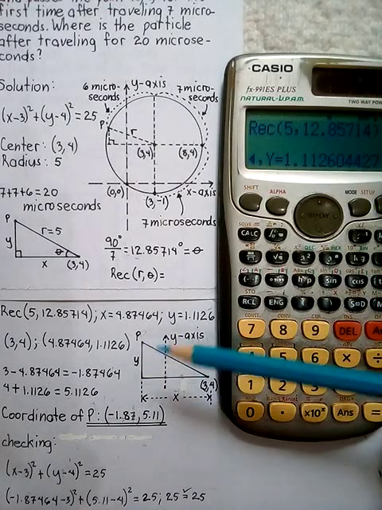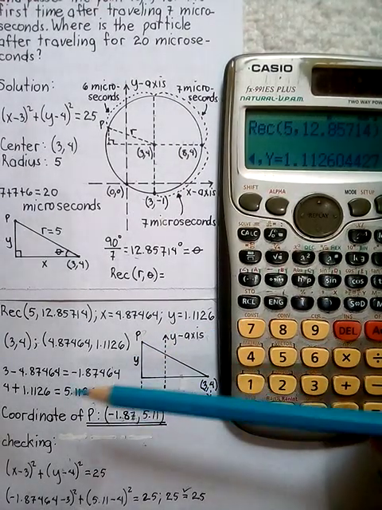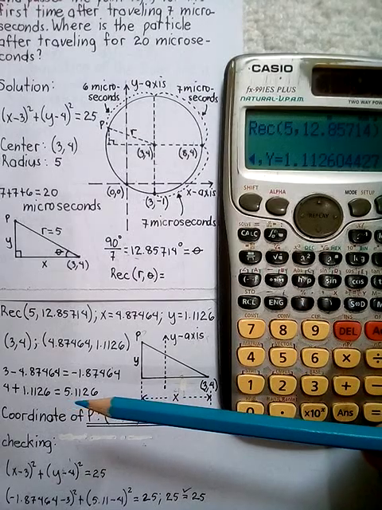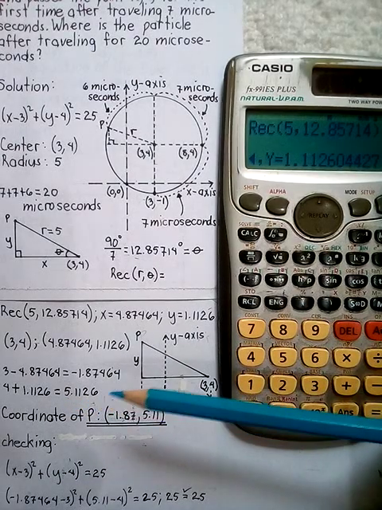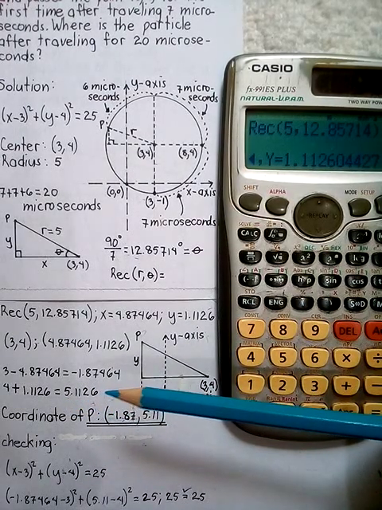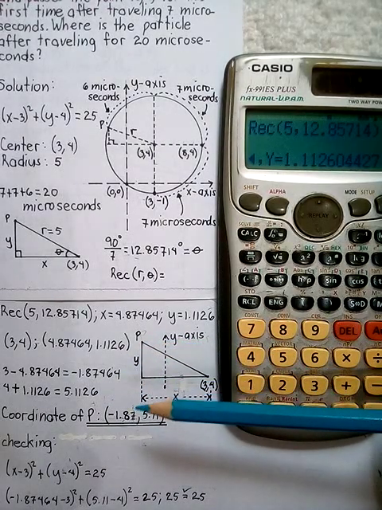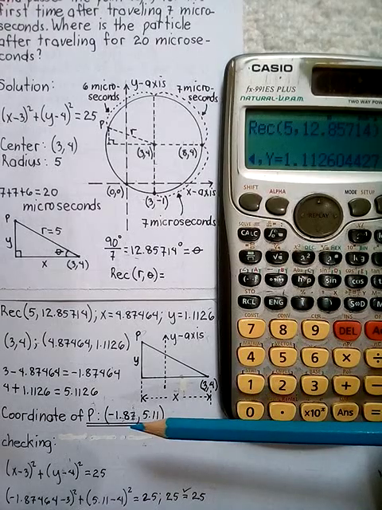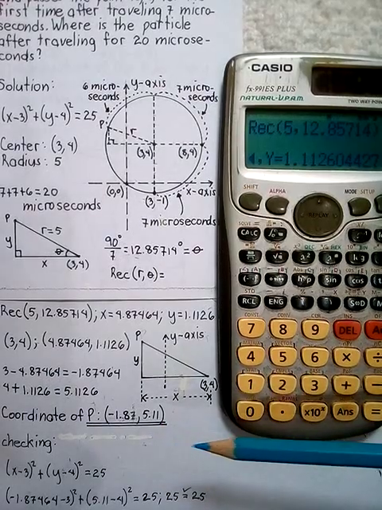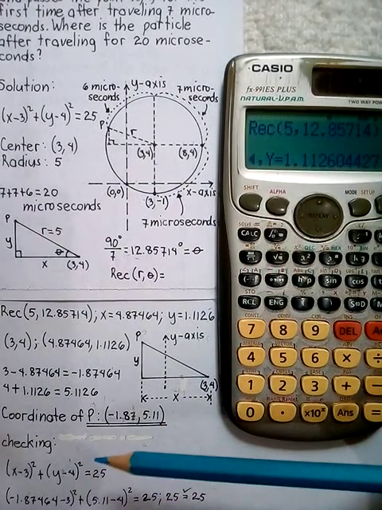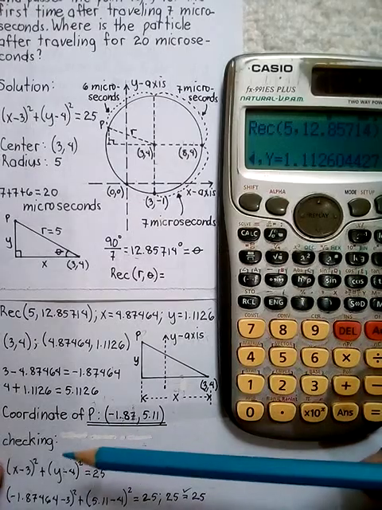So 4 plus 1.1126 is equal to 5.1126. That is the y coordinate of P. Therefore, the coordinate of P is (negative 1.87, 5.11).